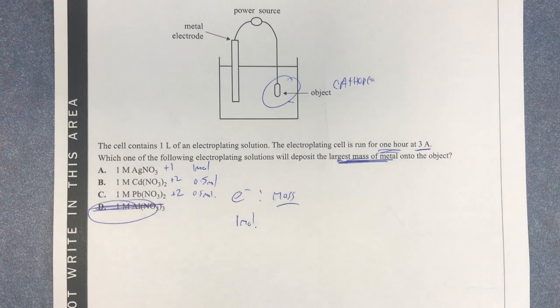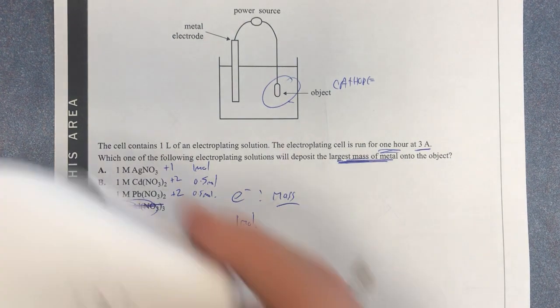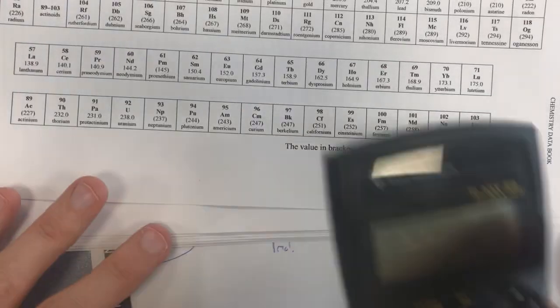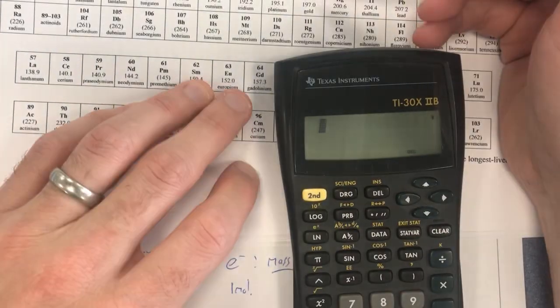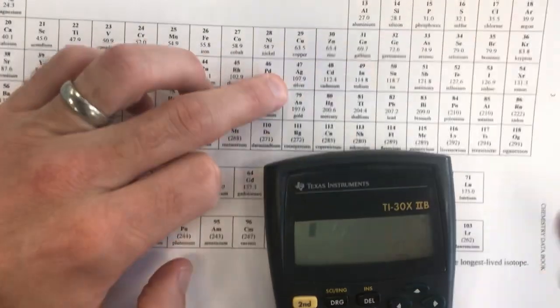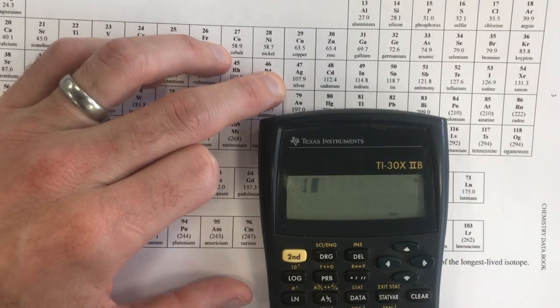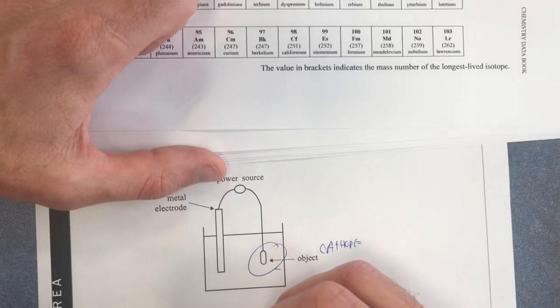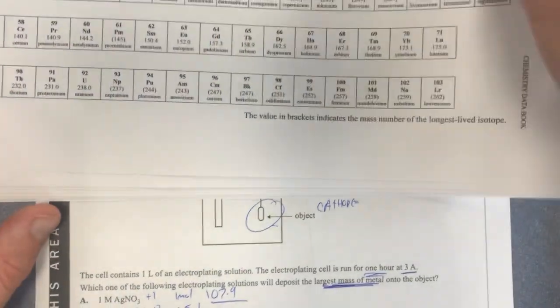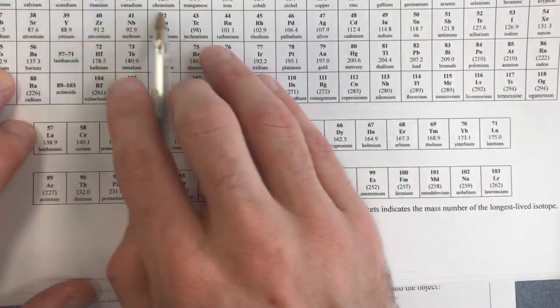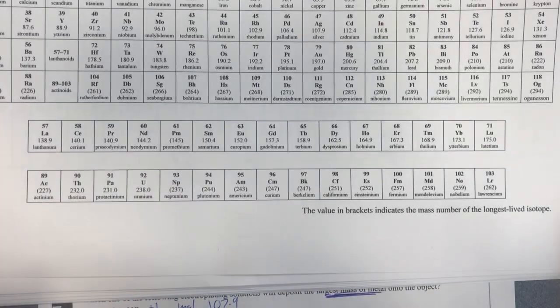I go to my periodic table because I don't know these molar masses very well. Silver is here, so with 1 mole of silver, I'm going to produce 107.9. For cadmium, this is a bit of a hunt.